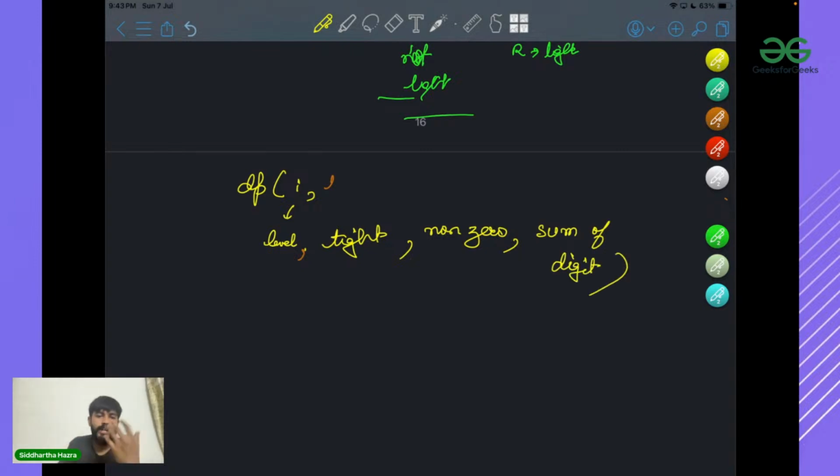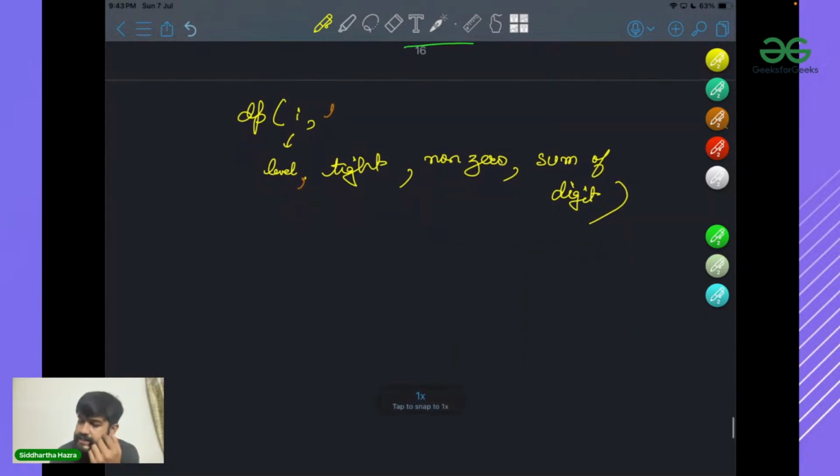So now let us discuss how we would do that. As the level increases, if the value is tight enough, like if we are told to only go till 8, don't go outside it, then we would simply start keeping zeros.